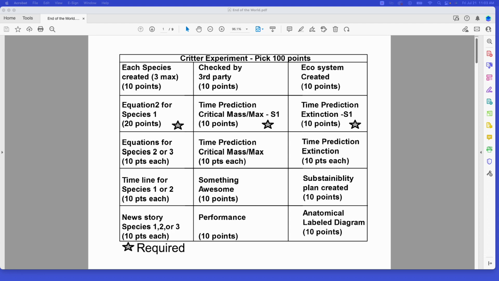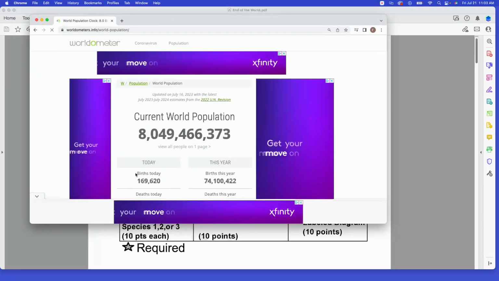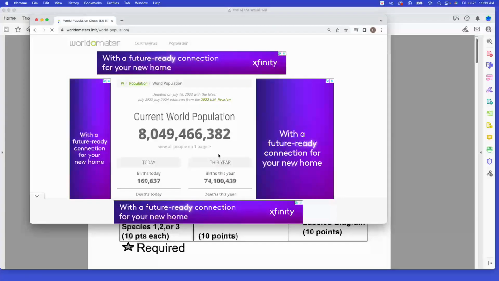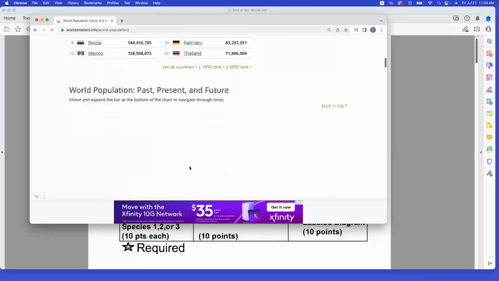There are a couple of different ones you can use, and the U.S. Census has one. There's one called Worldometer, which is a neat one, and the idea is that it has real-time counts of what's going on in the population, so you can get a sense of where we are in the world right now based upon that, and it goes through different countries as well. The U.S.